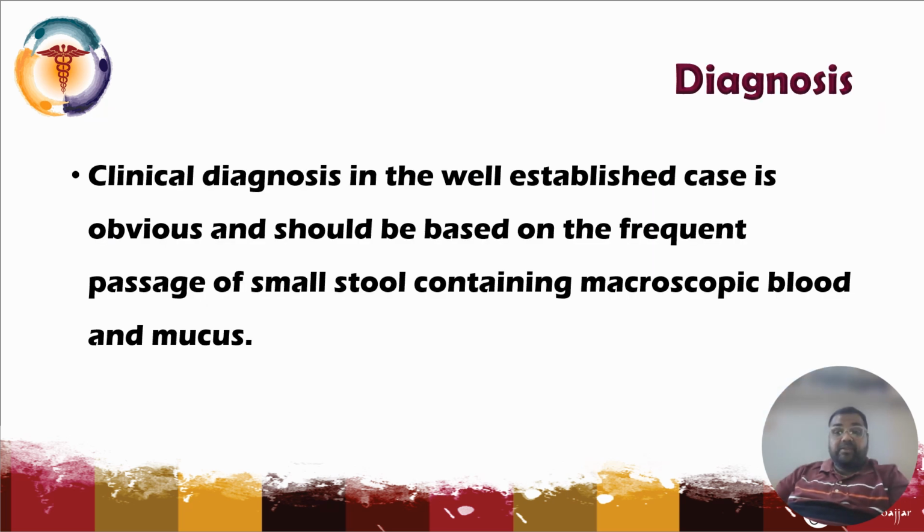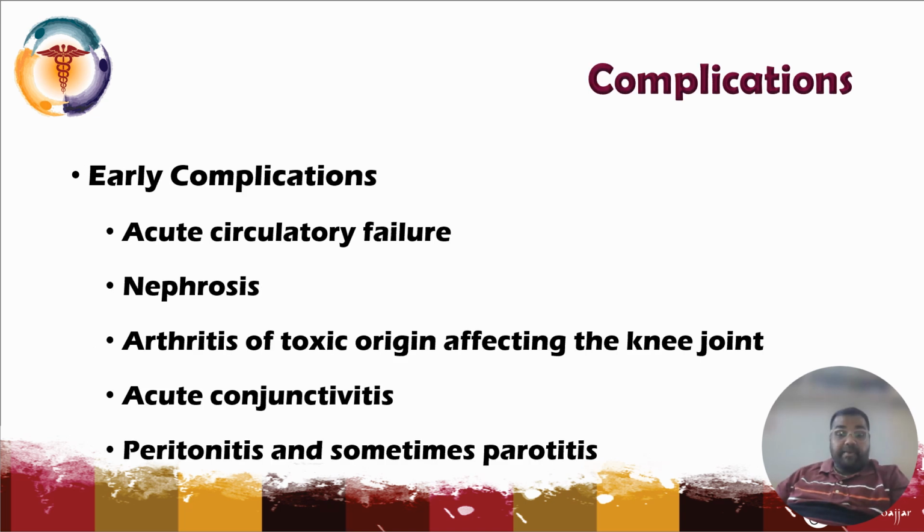Clinical diagnosis in a well-established case is obvious and should be based on the frequent passage of small stools containing microscopic blood and mucus. So we can make the diagnosis of bacillary dysentery. Which complications happen due to bacillary dysentery?